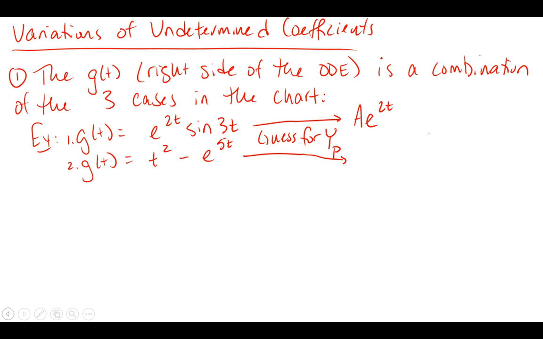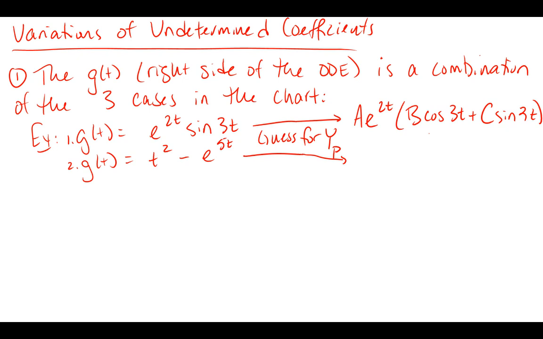And then since we have trig, we would have guessed cosine and sine. So I might guess cosine, and I need a letter in front of that, so maybe B, and I need a letter in front of my sine piece. So that might be my guess, since it's essentially just the product of the two guesses I would have made for the individual pieces.